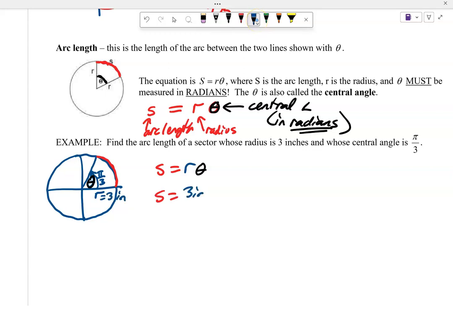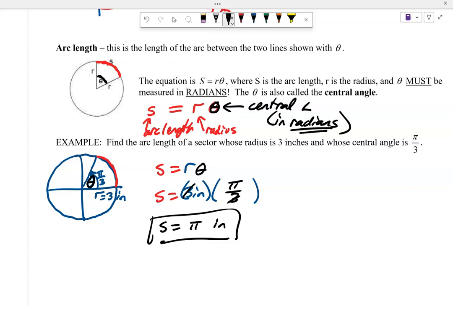So I have 3 inches times my central angle, which is pi thirds. Again, you got to make sure that's in radians. It is in radians. Notice 3 over 3 cancels. So my arc length is pi inches. So this arc length is 3.14 inches. Okay.